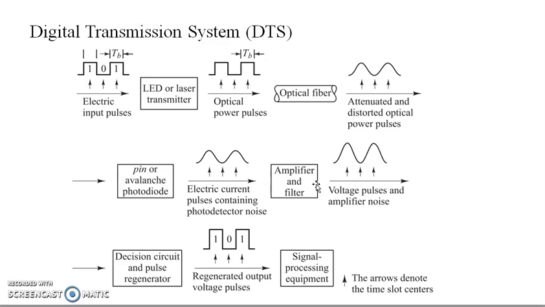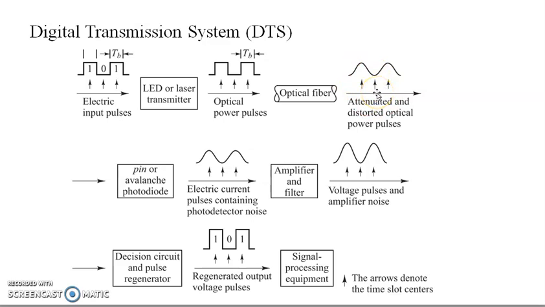In some cases, we can have an optical preamplifier, because optical pulses are transmitting here through the fiber. The fiber produces attenuated pulses, and sometimes the pulse level is low. So here we use an amplifier.